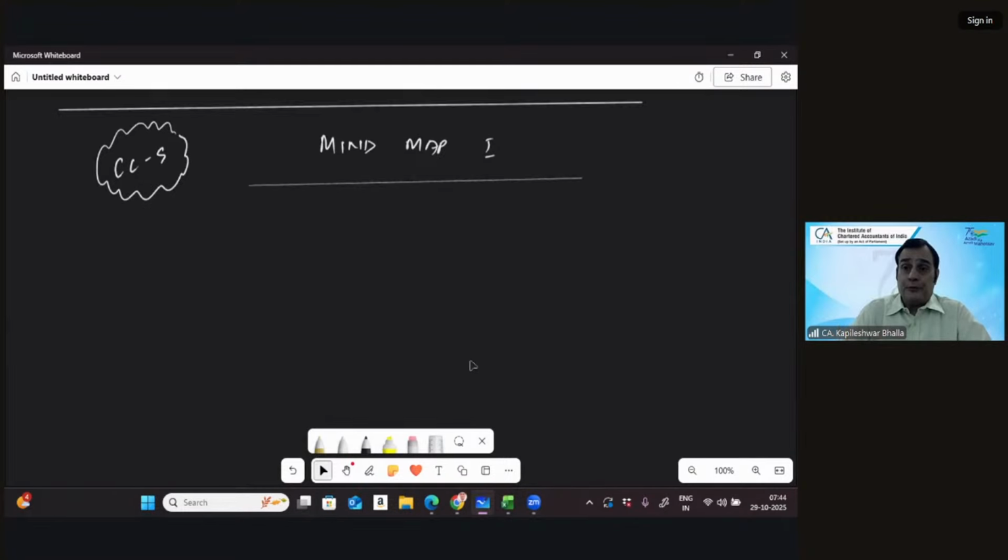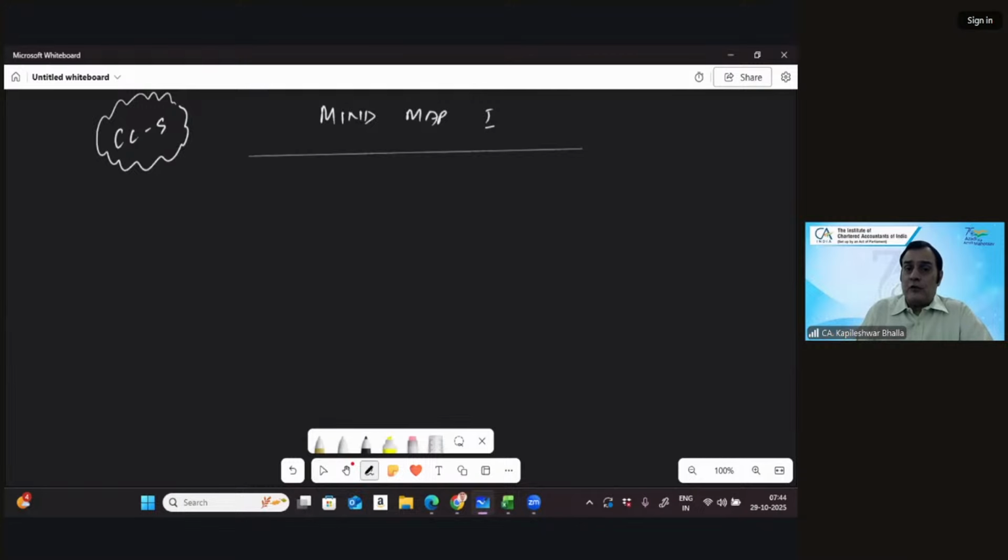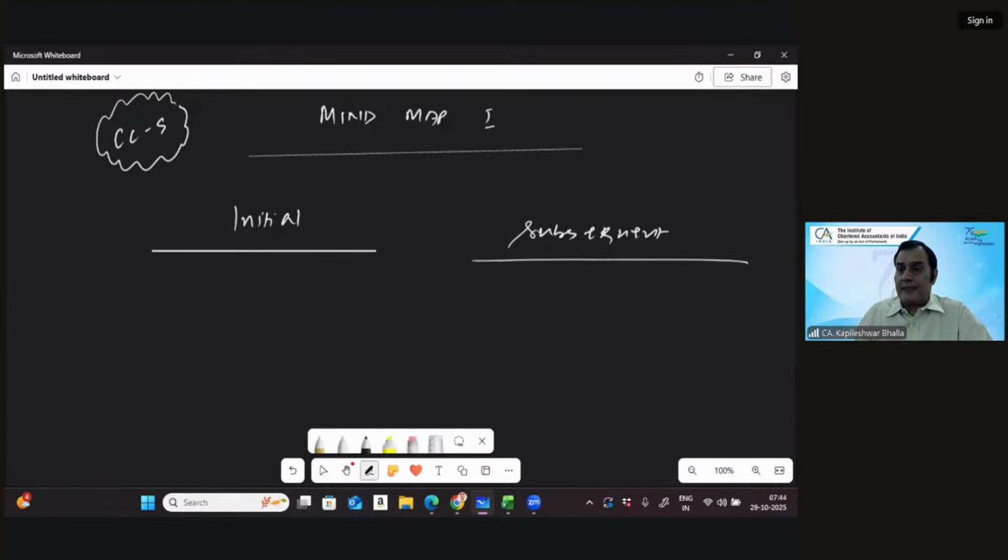Now, what do we need to do? Let's first take a column, initial, and let's take a column, subsequent. When you look at the initial, we can say undoubtedly it is captured at fair value.